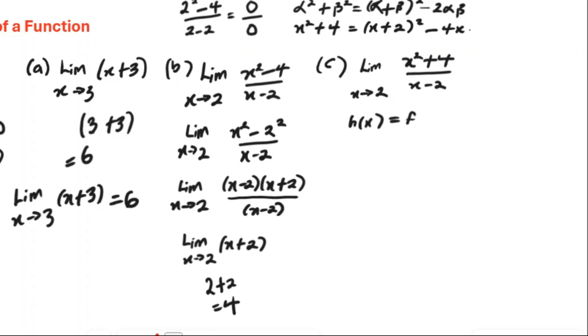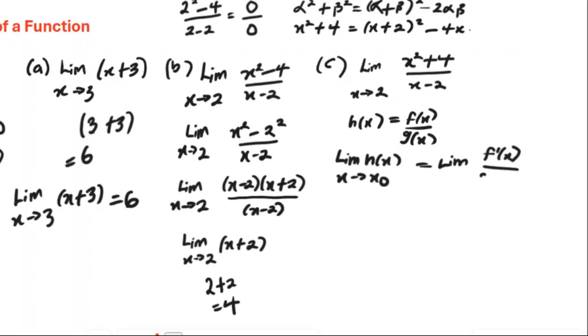is equal to f of x over g of x, and you are looking for the limit of h of x as x tends to x naught, it will be equivalent to the limit of f prime of x over g prime of x as x tends to x naught.